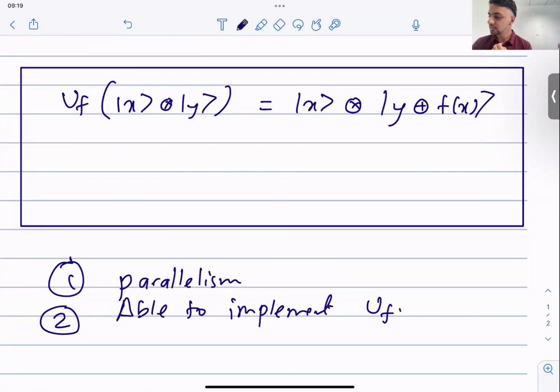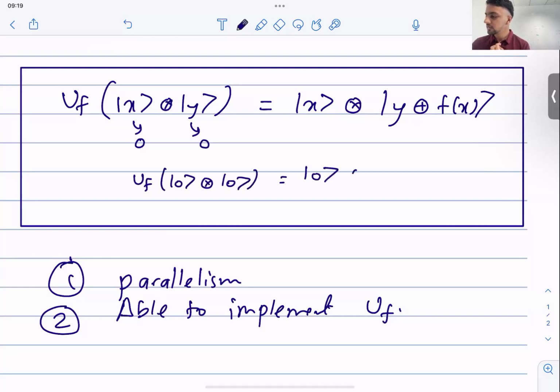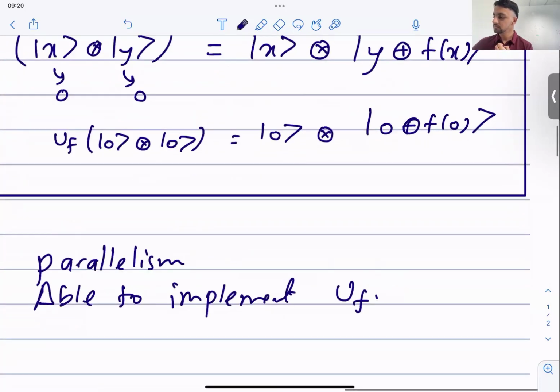Let's say the bit string x is 0, and y is 0. Then U_f acting on 0 tensor 0 is just going to be 0 tensor, y is what? 0, right? 0 XOR f of 0 is an example.